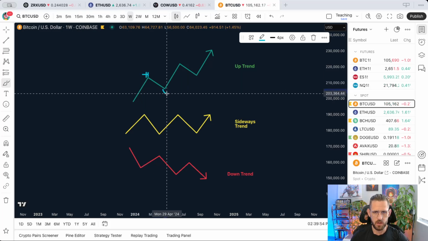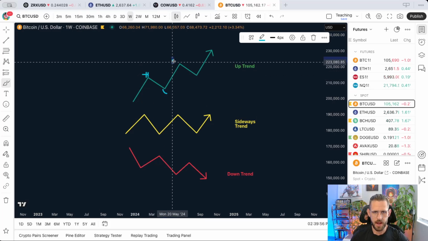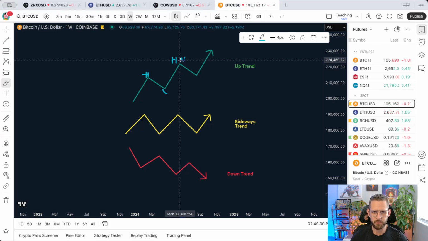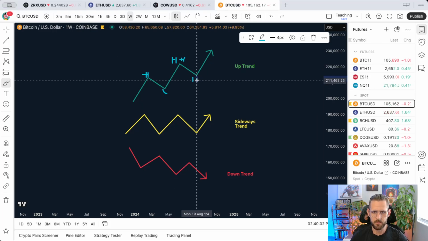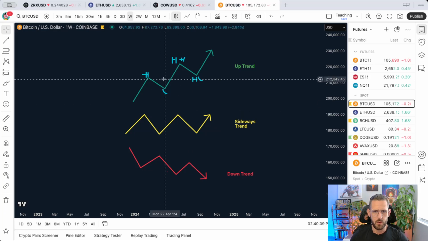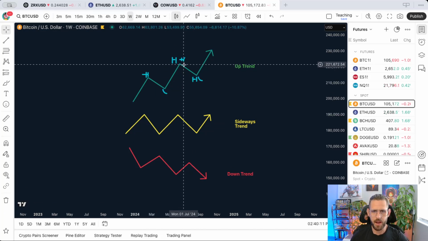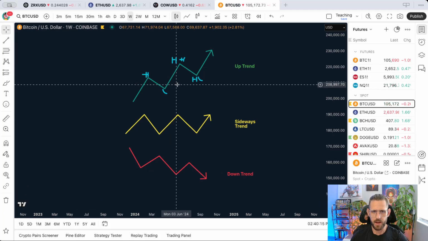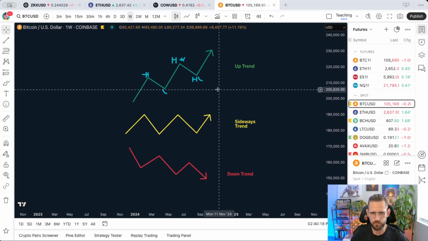Here's our low. Here's our higher high. We'll use HH for this. And then our higher low. And so on and so forth. Okay. We have our high, our low, our higher high, our higher low. And this can go on indefinitely. Higher high, higher low, higher high, higher low.